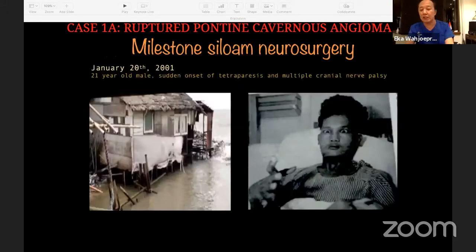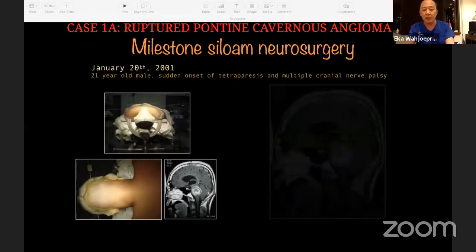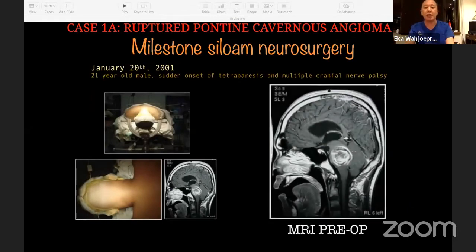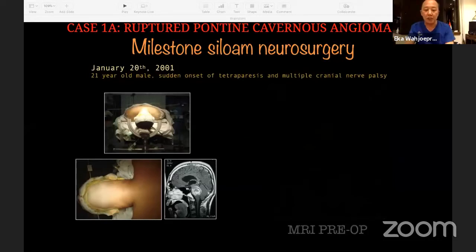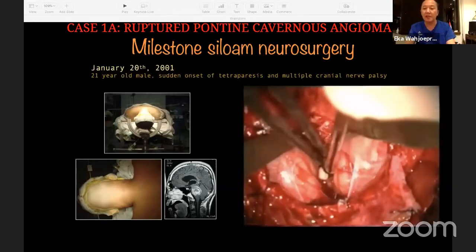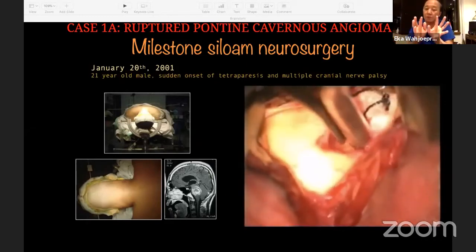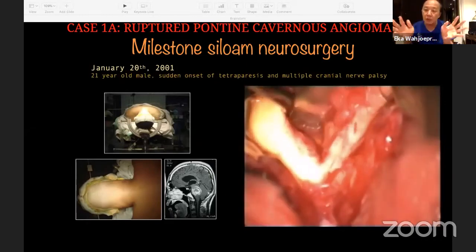This is the patient, and these poor people. From that case, we built the so-called Indonesia Brain Foundation to help poor people who have a good prognosis. So the patient was in prone position, and I selected this prone position, posterior approach. You can see here, this is a very old video. See, that is the pons, the positive good from the posterior, you can see the huge angle.